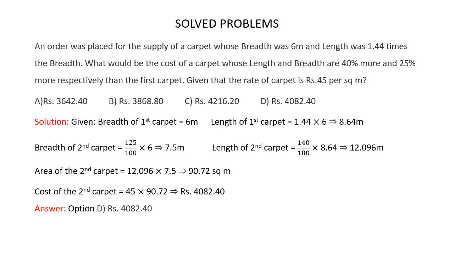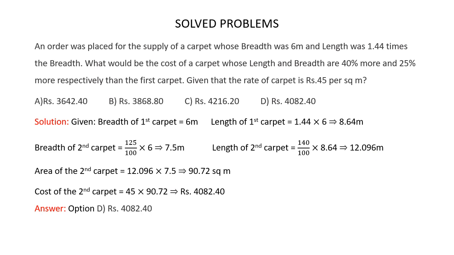So length of the second carpet is equal to 140 divided by 100 multiplied by length of the first carpet, which is 8.64. So length of the second carpet is equal to 140 divided by 100 multiplied by 8.64, which is 12.096 meters.